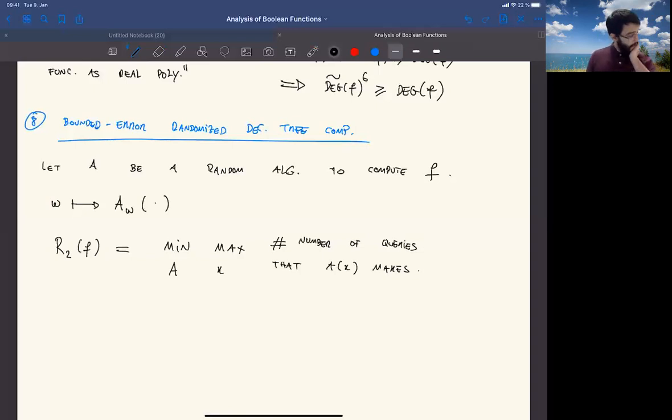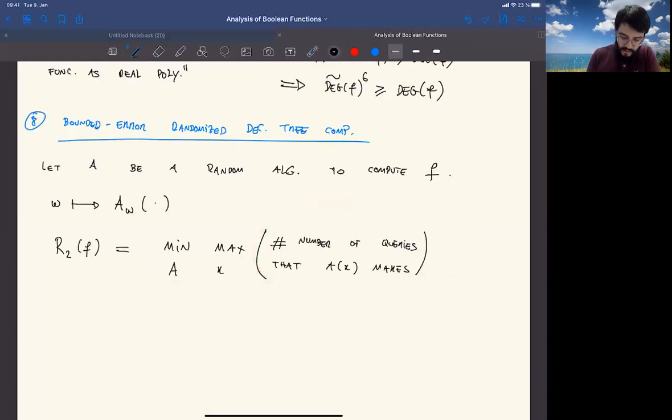So I give you some random variable, and then I give you X, say, and you compute the number of queries that this algorithm makes, and you maximize over those, and then take the minimum over all these randomized algorithms.